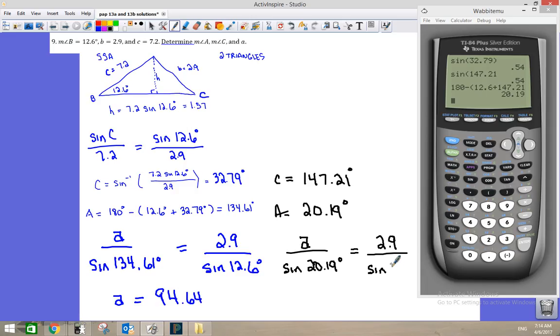Those are fixed values. Instead of this 134, now I'm using this 20.19.